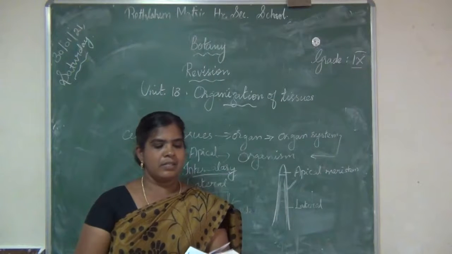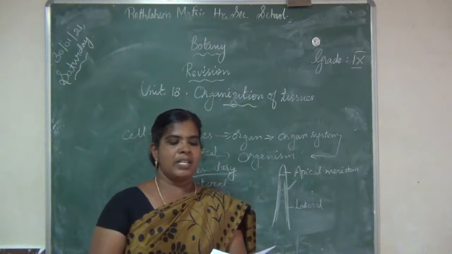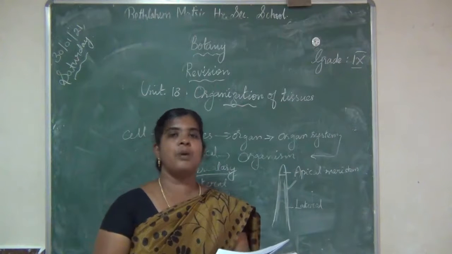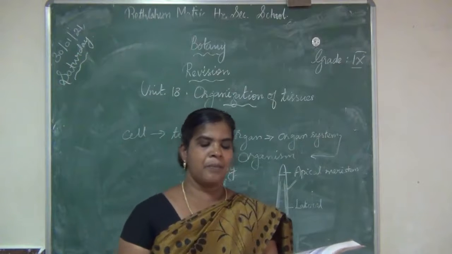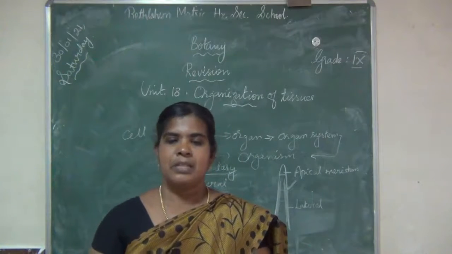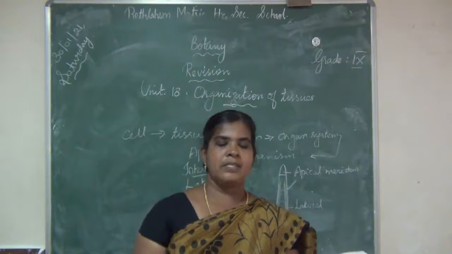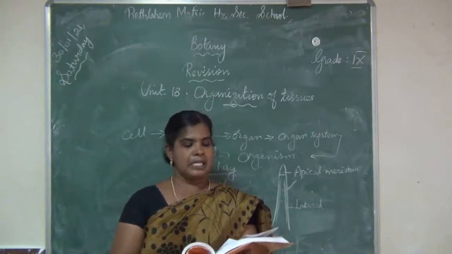Next, answer briefly, Roman number 5, first question: What are intercalary meristems? How do they differ from other meristems? Meristem that lies between the region of permanent tissue is intercalary meristem. What is the function? It helps in the production of branches.